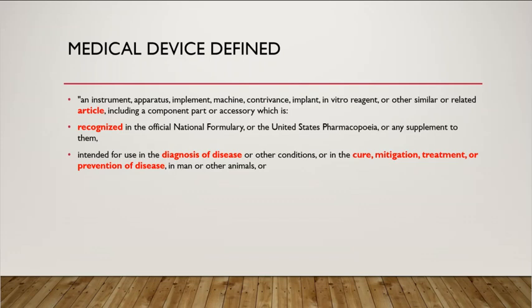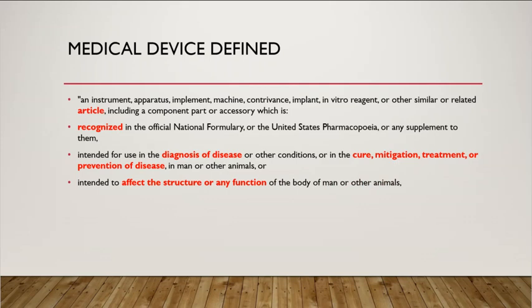And the rule specifies that it is intended for use, what? In the diagnosis of disease or other conditions, where? In the cure, mitigation, treatment, or prevention of disease in man or other animals, or it's intended to affect the structure or any function of the body of man or other animals.